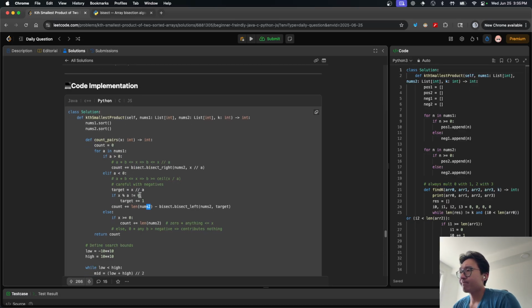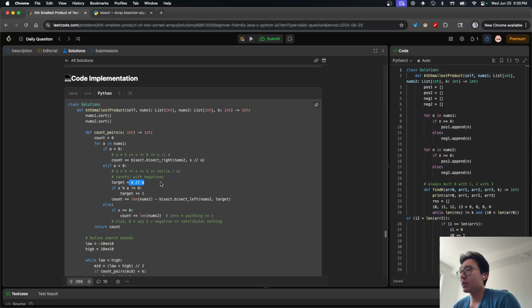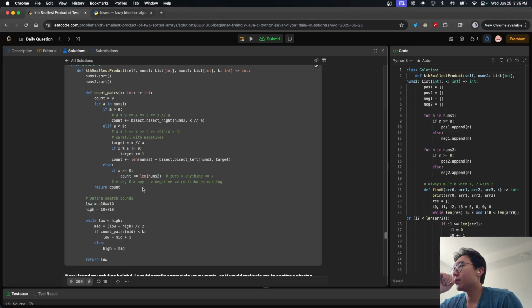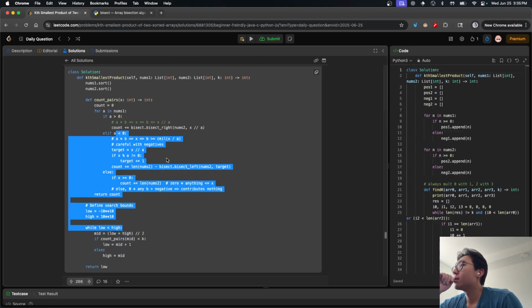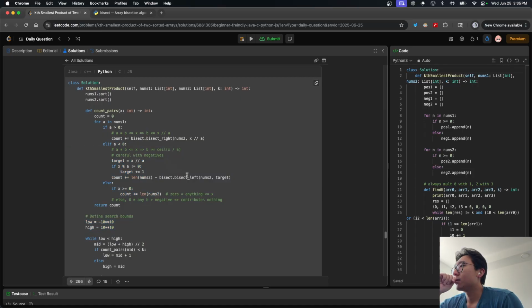Hmm. This is even harder. Target is equal to x. And there's no way. I have no idea what's going on here.